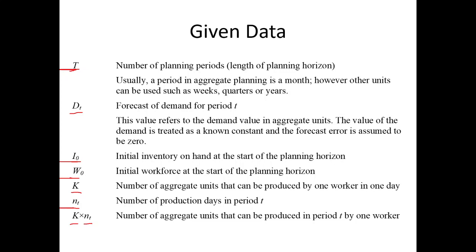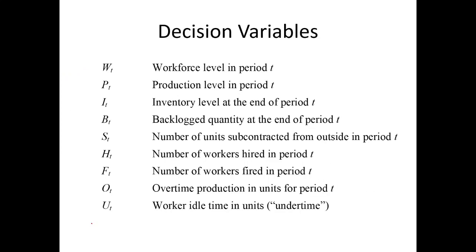So if we multiply this result, K times N sub T, times the number of workers, this will give us the available capacity in period T. The decision variables that we are interested in finding their values are W sub T, which is the workforce level in period T, which is simply the number of workers available.